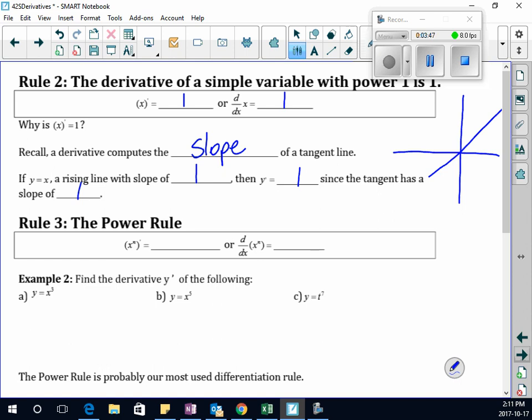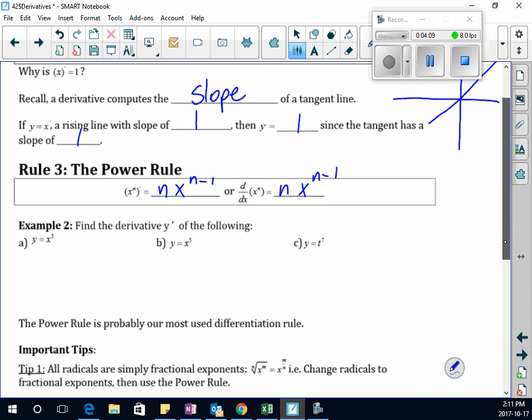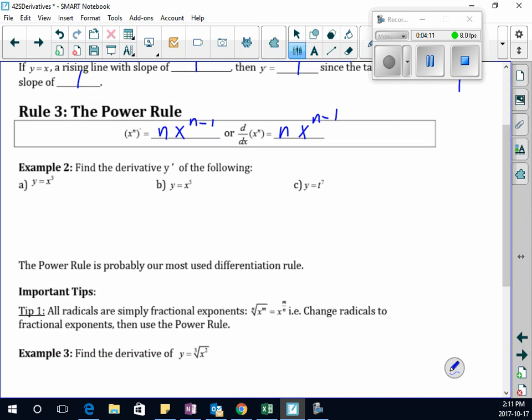Okay, so the power rule is the video we just saw. So what did we learn about the power rule there? You take the exponent and you move it in front of the variable. And then what do you do to the power? You subtract 1, so it's going to be n minus 1. So what would be the derivative of y equals x to the power 3? 3x to the power 2.